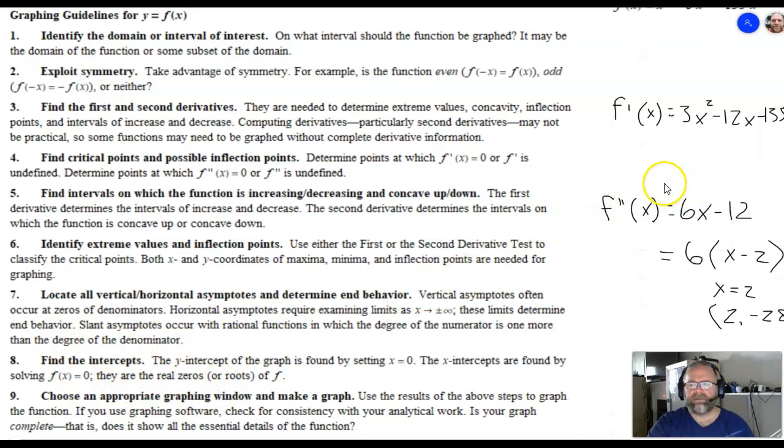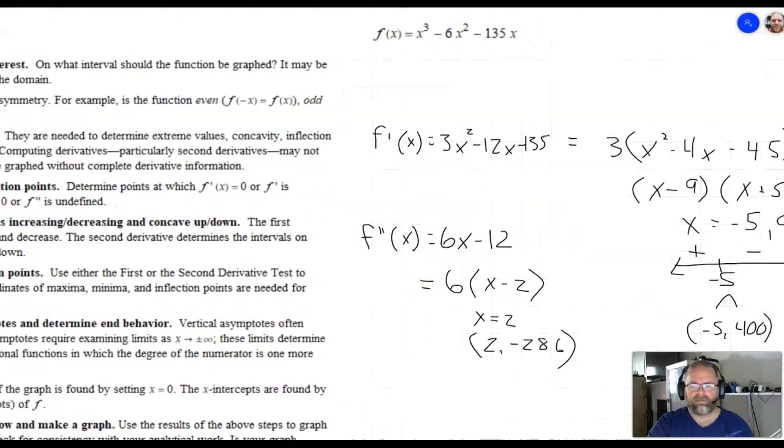Locate the intercepts. Well, we can do that from here. We can pull out an x, and we're going to get x squared minus 6x minus 135. And that is going to factor to x minus 15 and x plus 9.